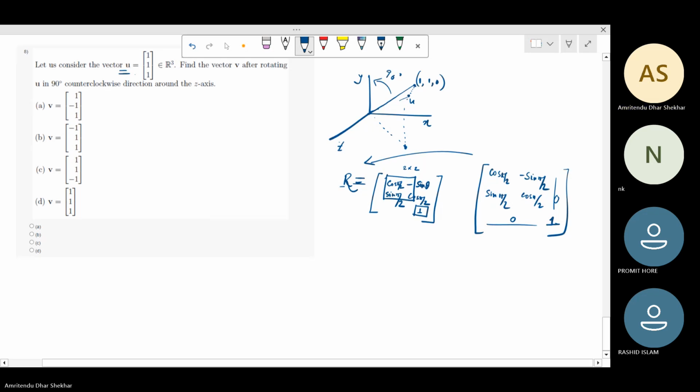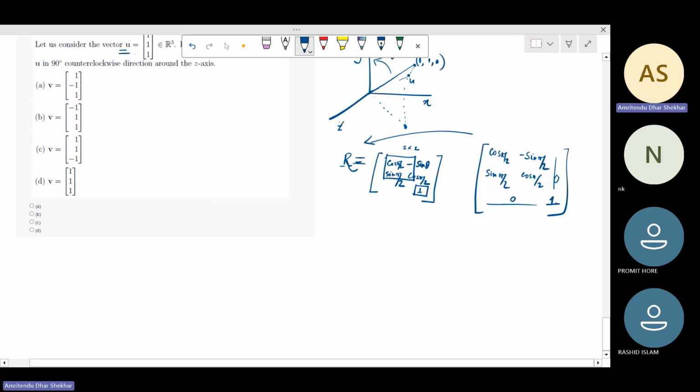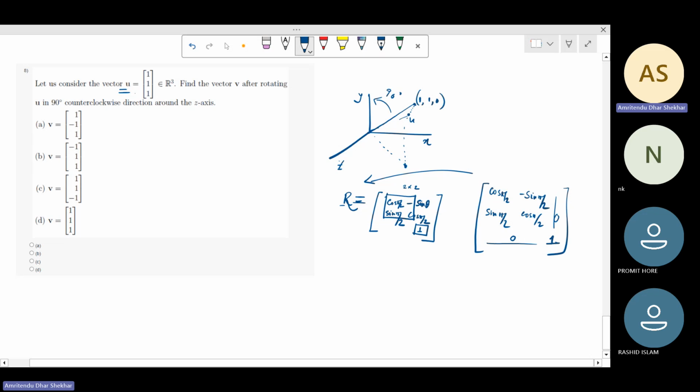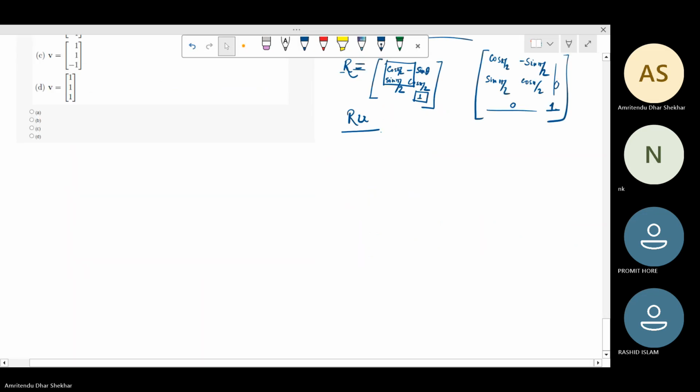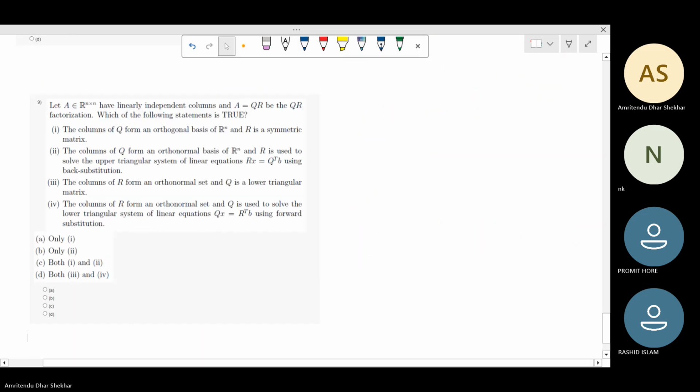So basically, you have to do R times u and find out the vector v.